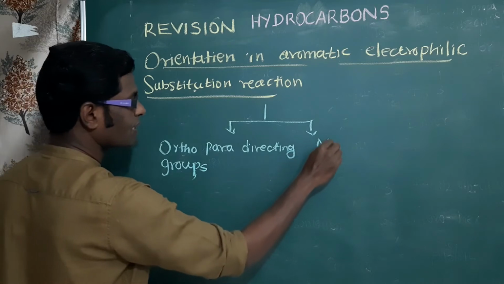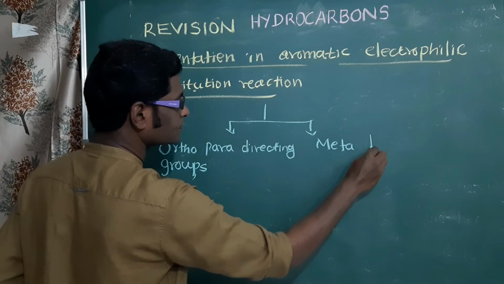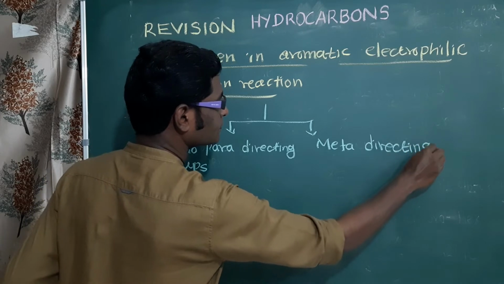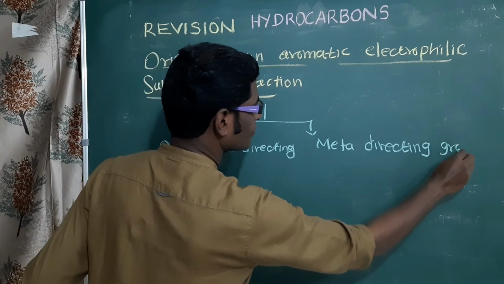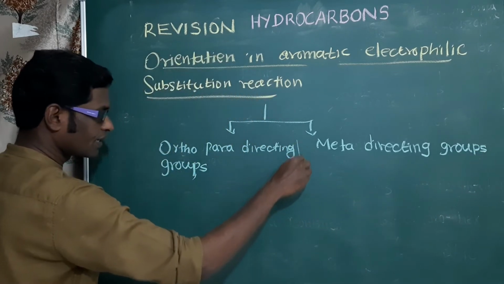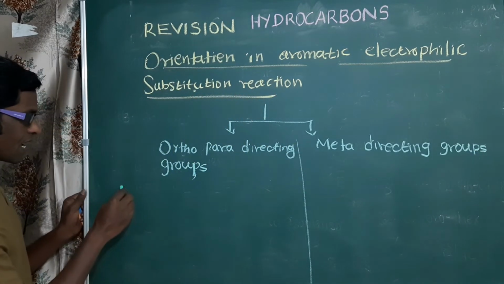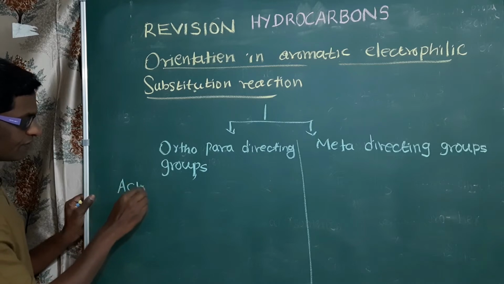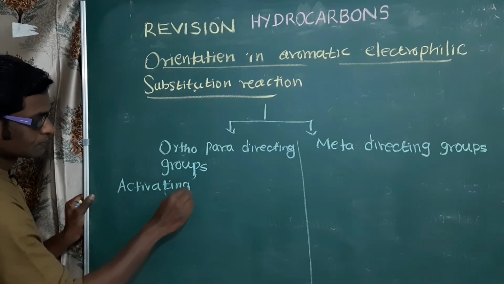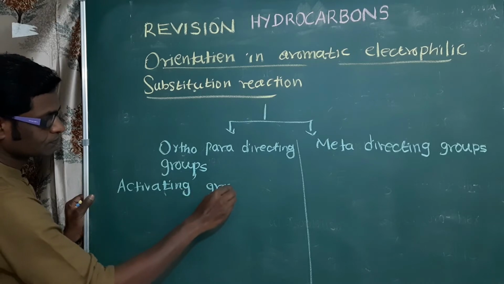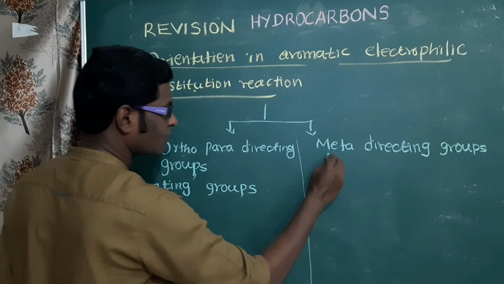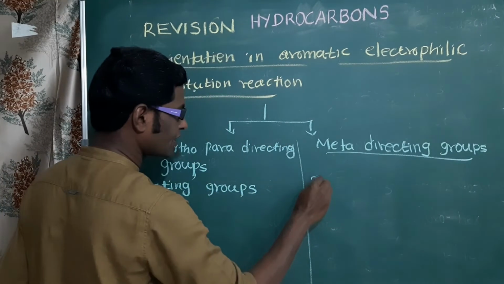Another one is meta directing groups. These ortho-para directing groups are called activating groups. They activate the benzene ring. Meta directing groups are called deactivating groups.